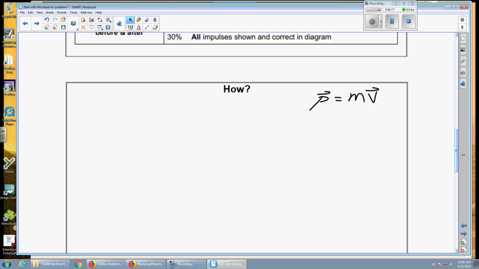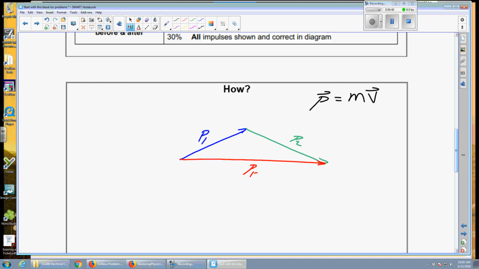And since I know that this is conserved, I know that my blue momentum plus my green momentum, if I add those two together, I get my momentum in that direction.